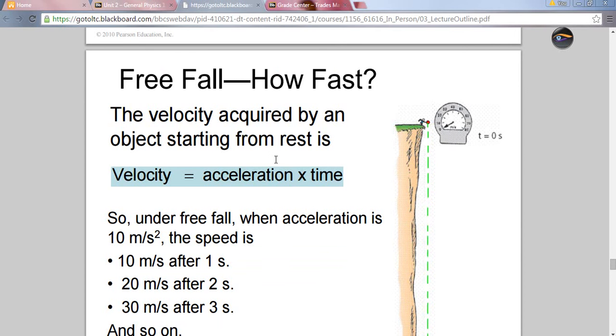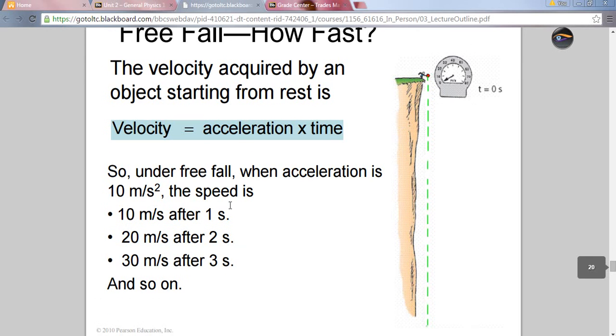Now, if we take the acceleration equation and rearrange it, we can say that velocity is equal to acceleration times time. So under a free fall situation, when acceleration is 10 meters per second squared, we simply drop something. 1 second later, it's picking up 10 meters per second for every second.